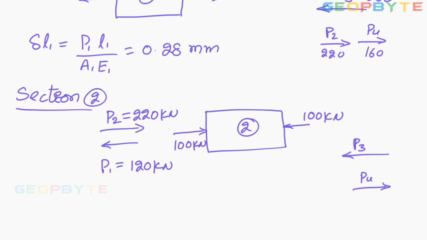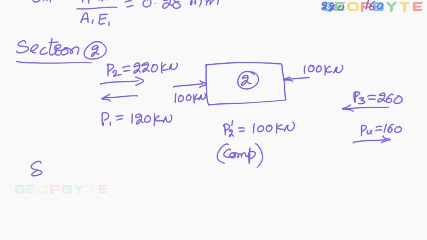Here P4 is 160 and P3 is 260 minus 160, 100, that should be towards the right end of section 2. Therefore, with respect to section 2, the resultant load P2 dash equal to 100 kilonewtons. And this is a compressive load.